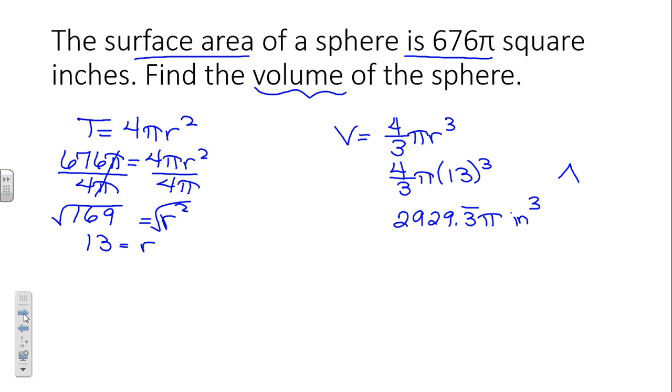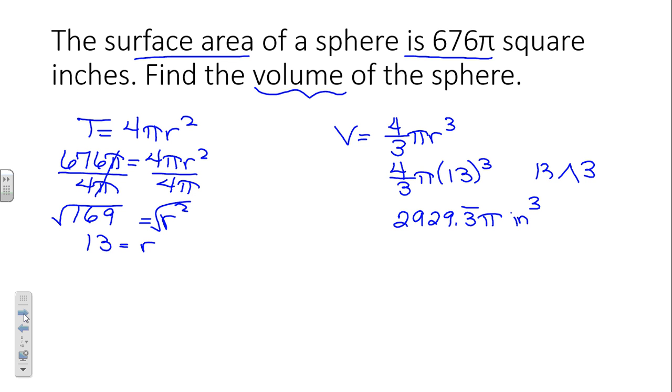If you don't want to use the caret key, you can take 13 times 13 times 13. So it is 2929.3 repeating pi inches cubed. The caret key is just an ability to make it easier.